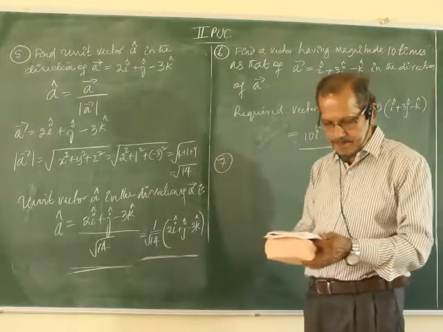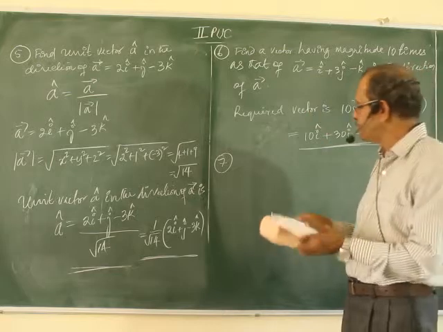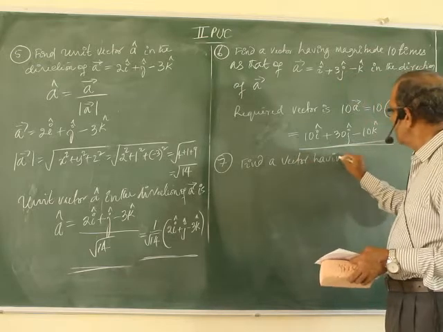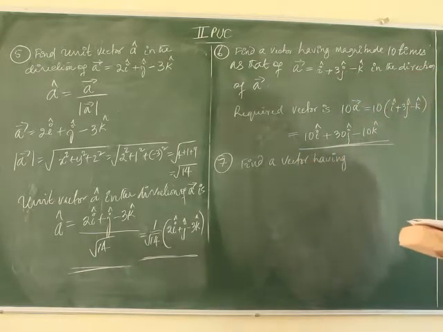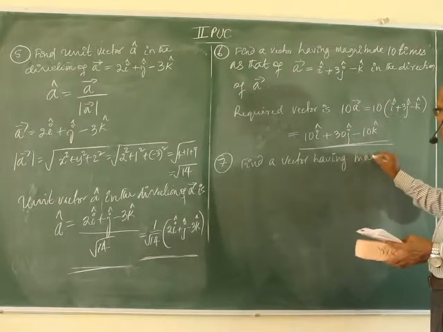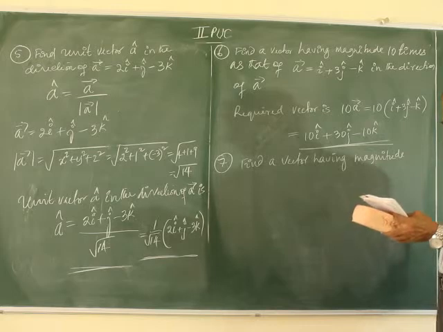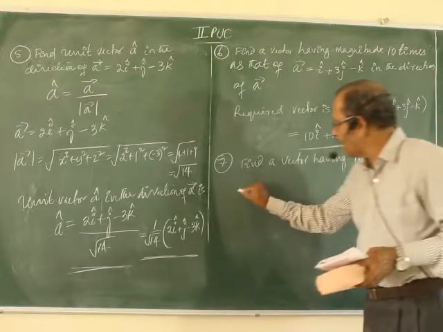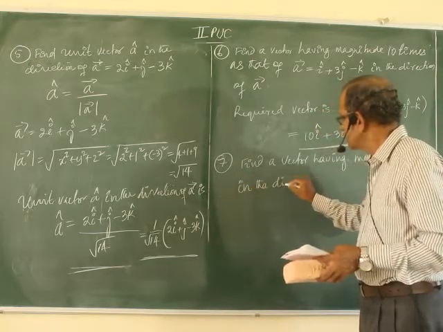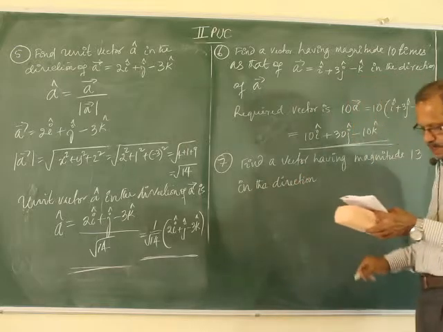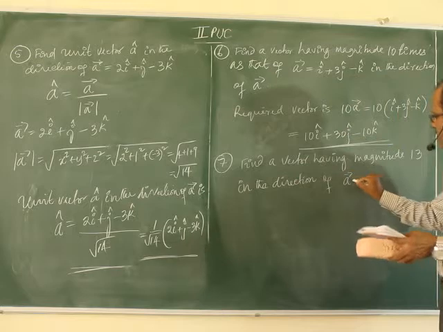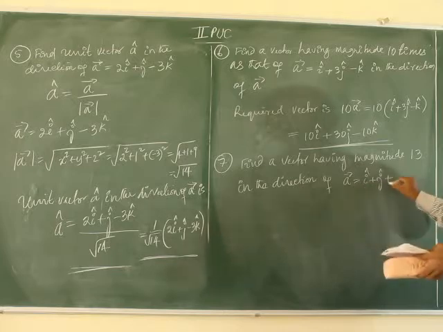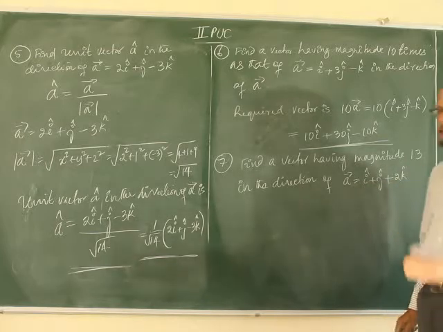Seventh one is, find a vector having magnitude 13 in the direction of A equal to i plus j plus 2k. i plus j plus 2k.